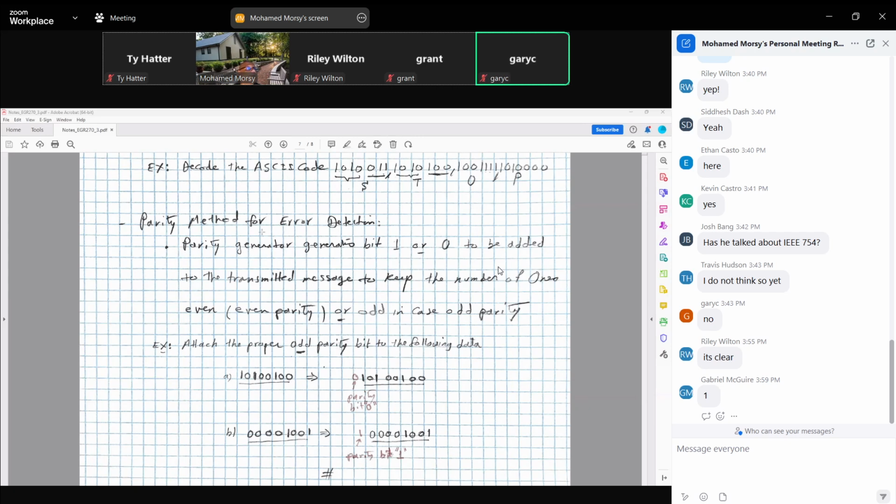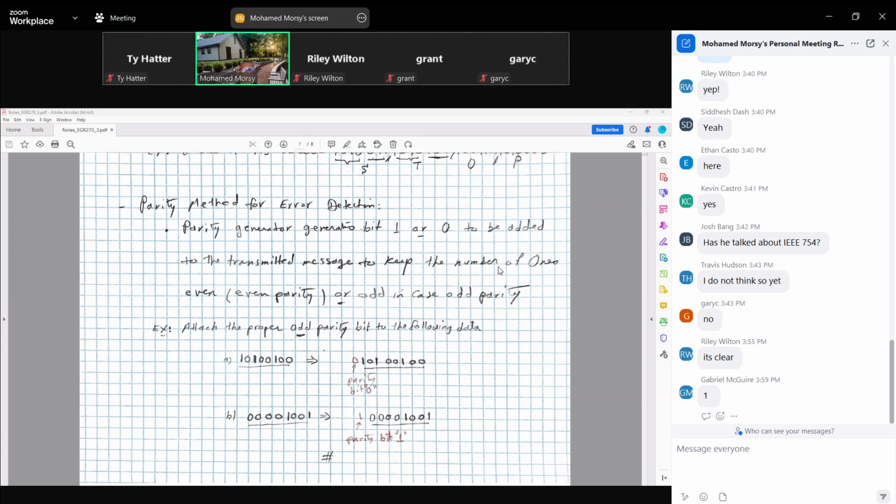A parity method for error detection. This is a method used for error detection in communication systems. It's called the parity check or parity method. So what is this method?